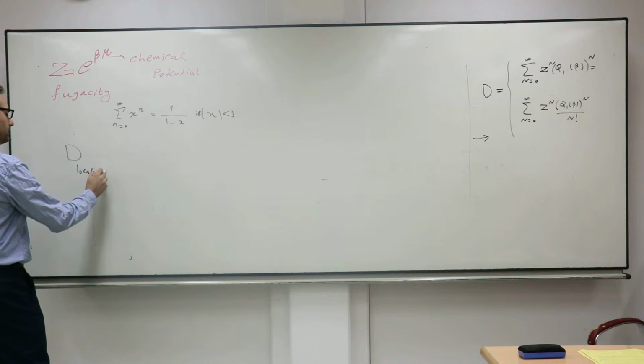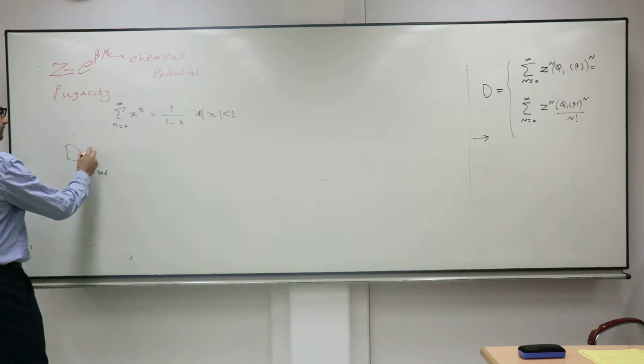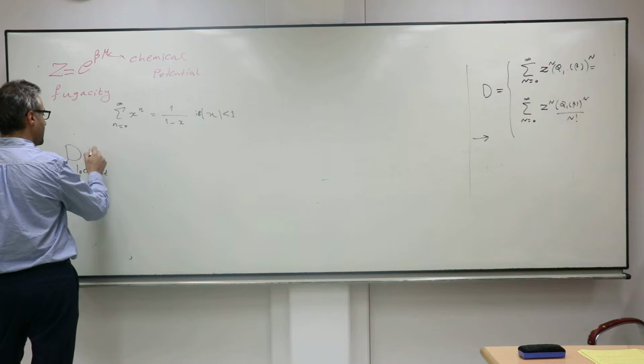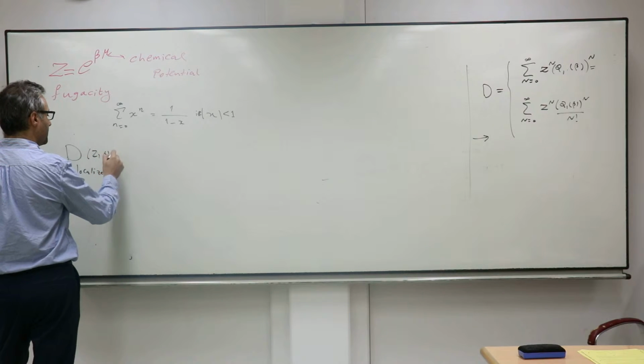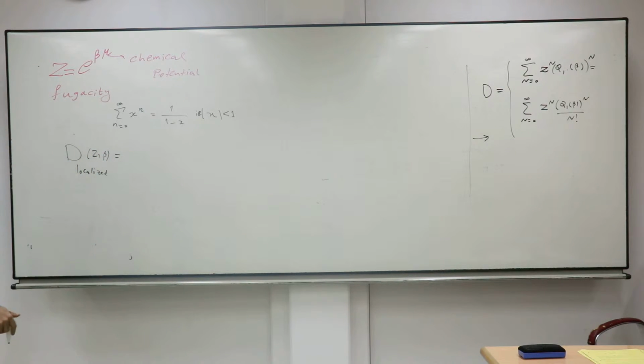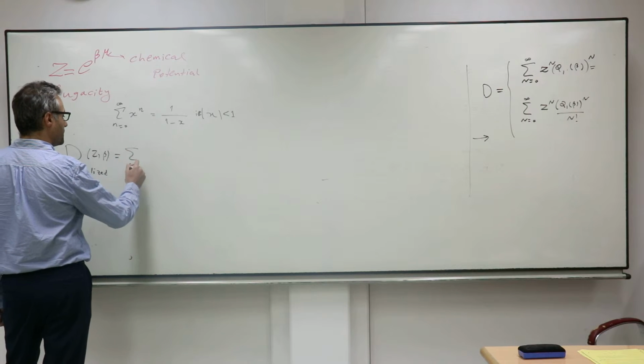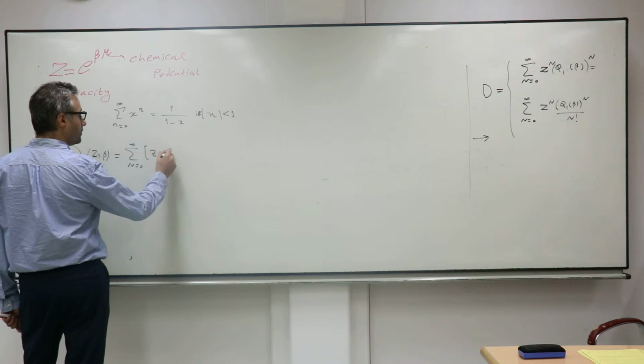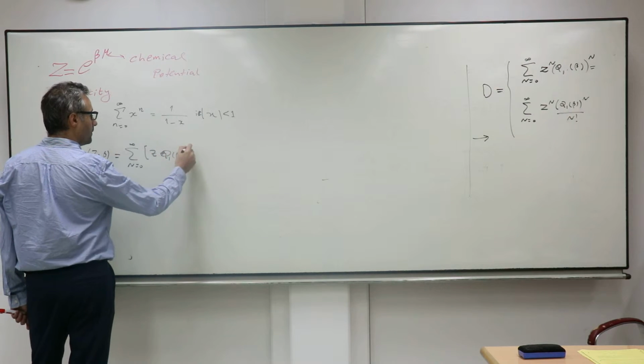localized, Z(beta, N), will be the sum over n from 0 to infinity of (z q1(beta)) to the power n.